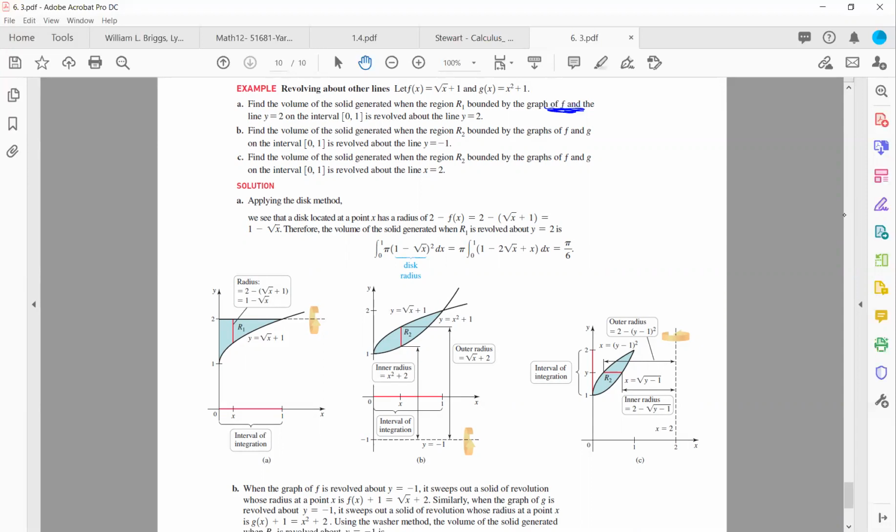You're not revolving this around the y-axis. You are revolving this about y equals 2, this line here. So your radius is 2, this whole distance, minus this function.